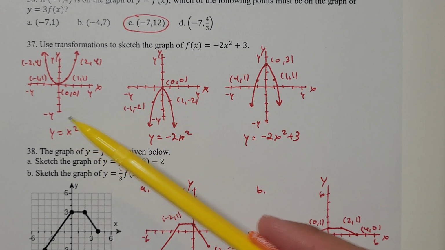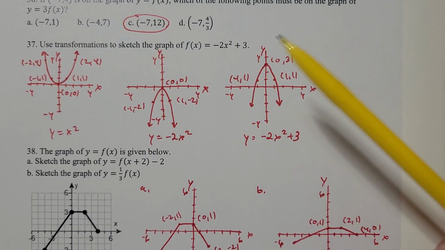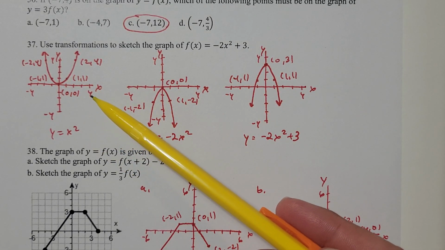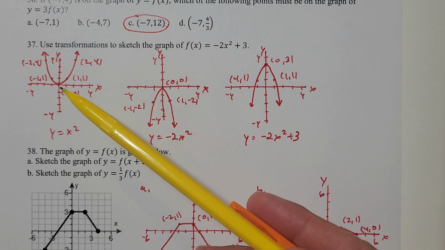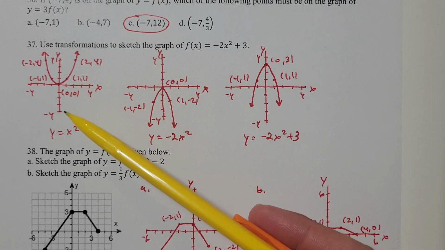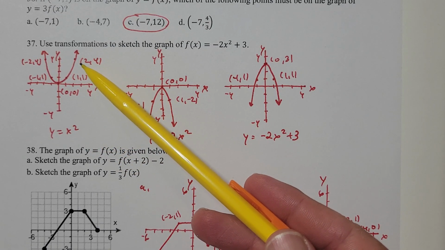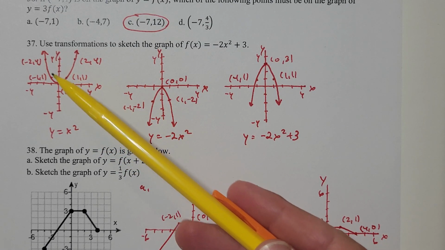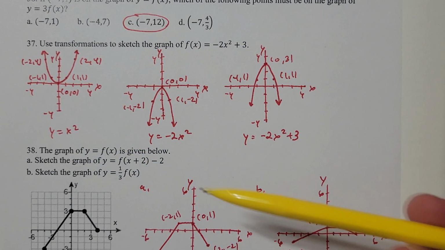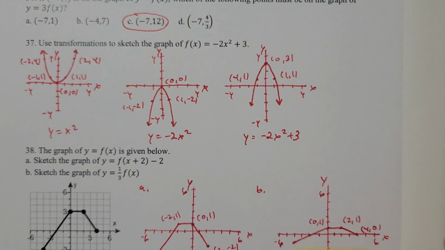So we're going to start off with y equals x squared. I've got these points on the graph: 0, 0, 1, 1, -1, 1. When x is 2, 2 squared is 4, so 2, 4 is on the graph. When x is -2, -2 squared is 4, so there's -2, 4 on the graph. And I've got this parabola facing upward.